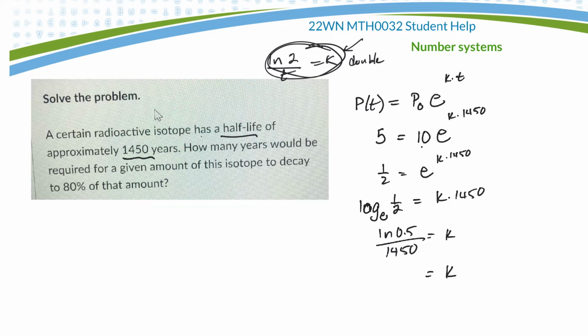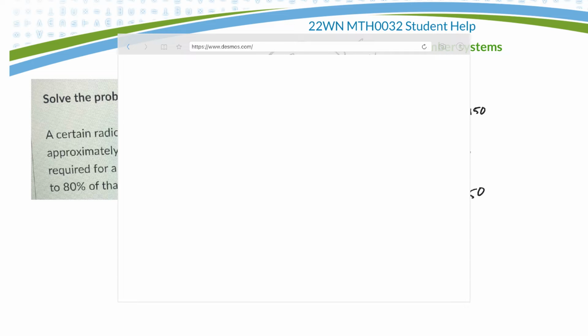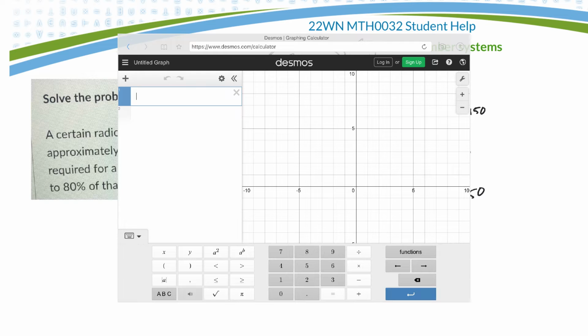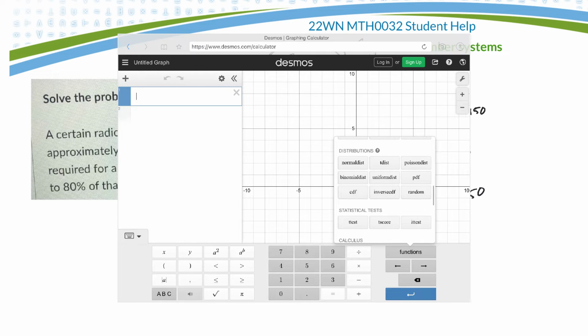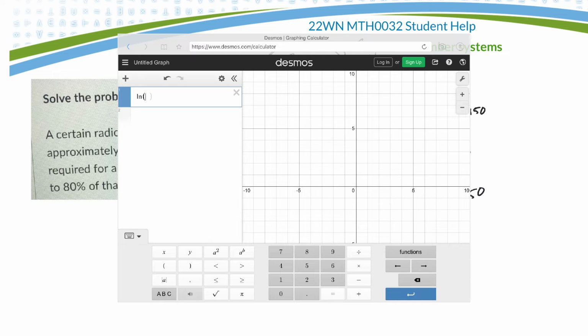Okay, let's pull out our calculator to figure that out. Okay, it was ln of a half. Where's my ln? Ln of 0.5 divided by 1450. There we go.